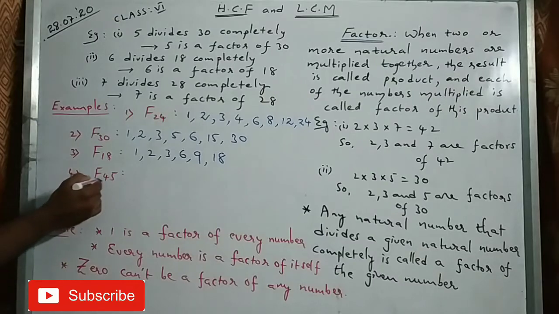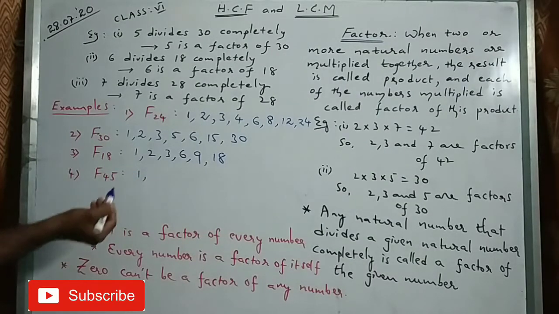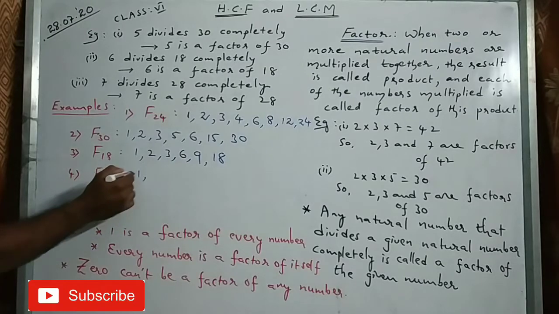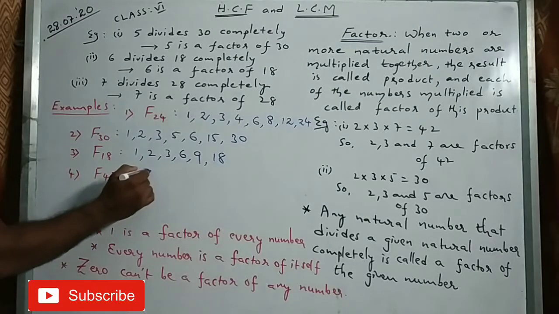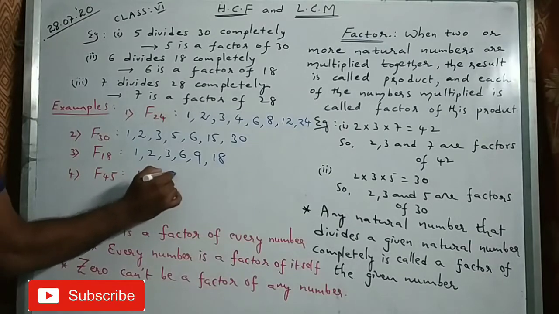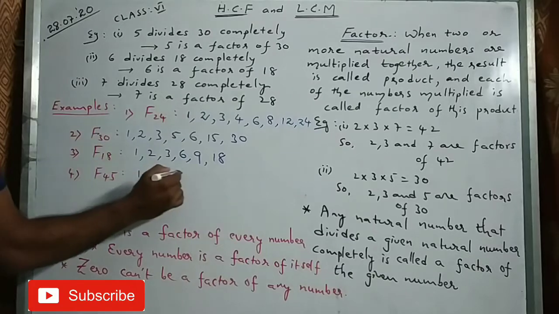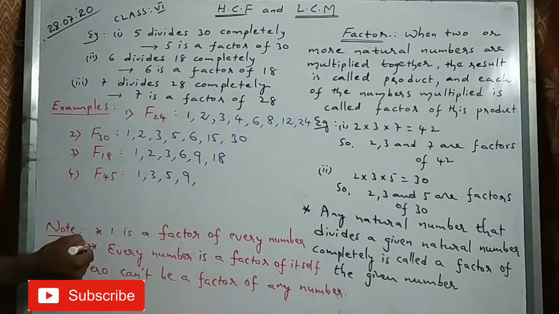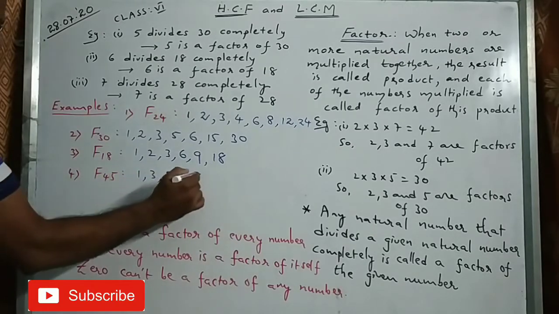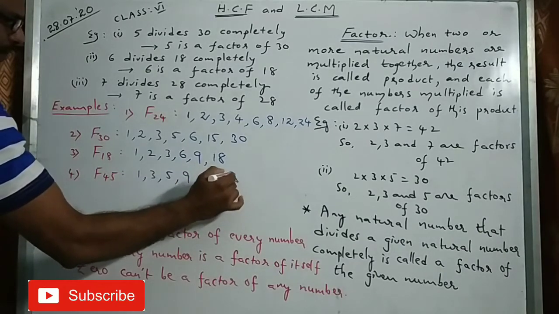What are the factors of 45? One table will go, 1 45s are 45. 2 cannot go. 3 15s are 45. 4 cannot go. 5 9s are 45. 9 5s are 45. Next comes 15 3s are 45. Last, 45 ones are 45.